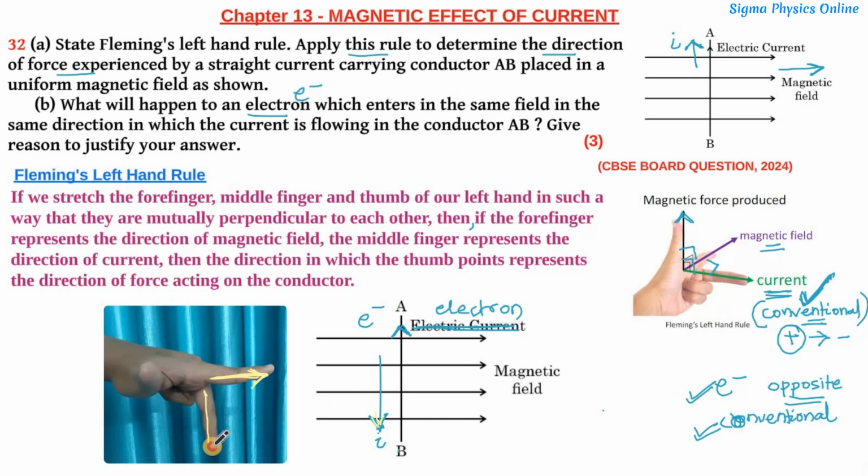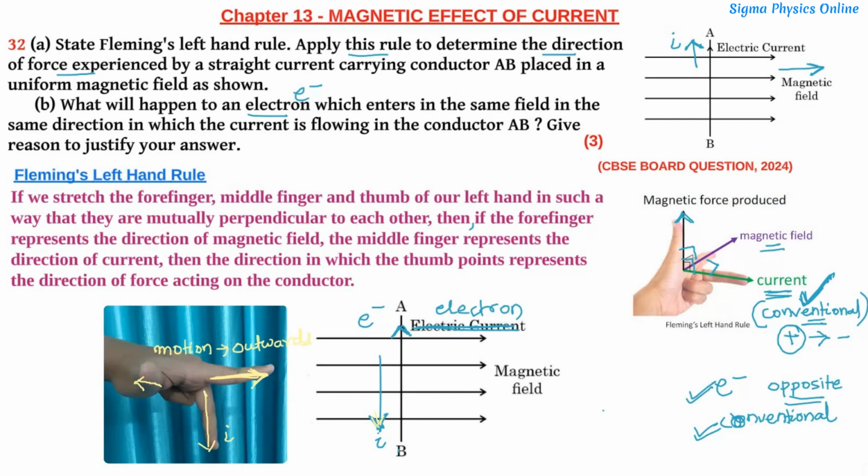So, I have pointed my middle finger downwards, representing the direction of the conventional current. Now, we see that the direction in which our thumb is pointing is outwards. That is, it's pointing towards us or out of the page, right? So, we see that in this case, the direction of motion of the conductor will be outside the page or outwards. So, here the motion is outwards.